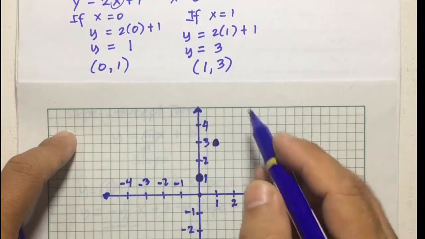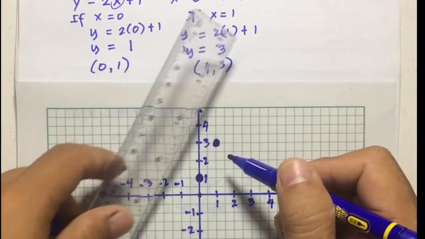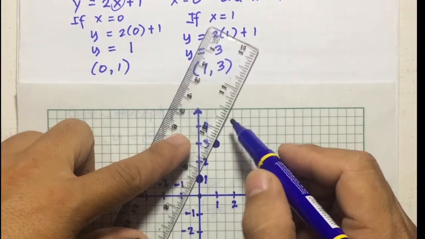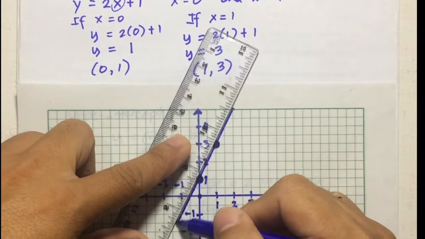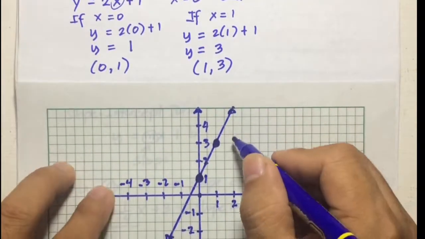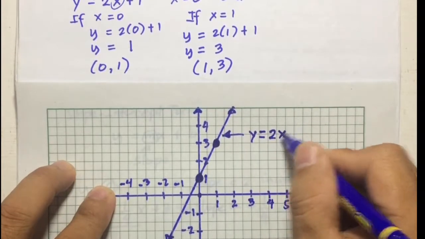Then after plotting these 2 points here, just connect them using a ruler or a straight edge. Then this will be your graph of the equation y equals 2x plus 1.